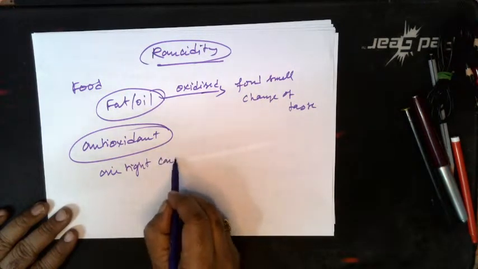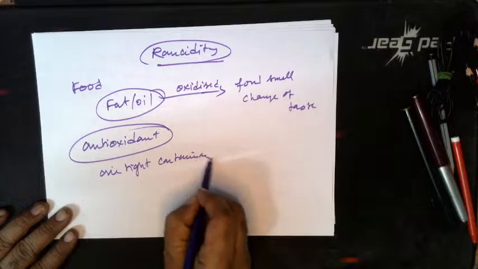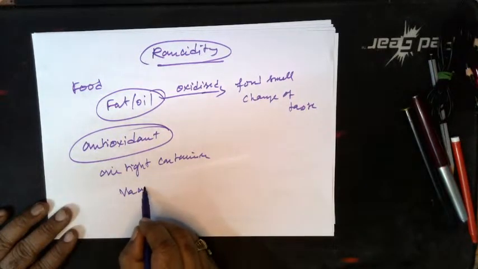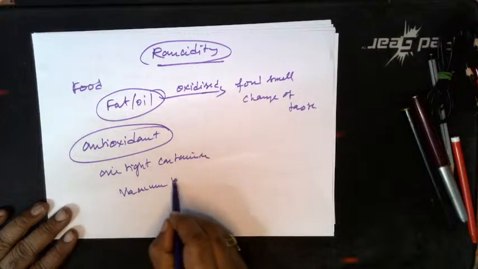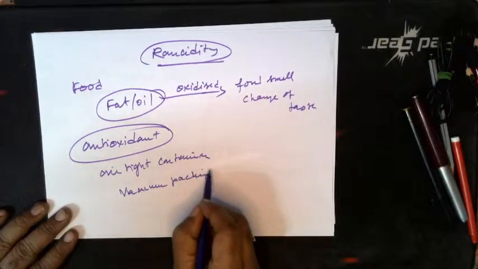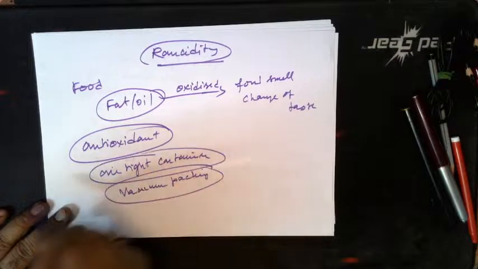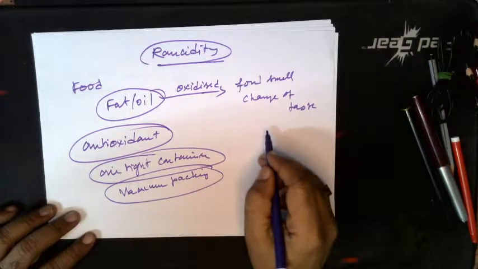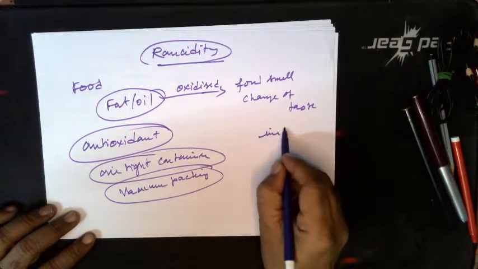Airtight container. Sometimes we can have vacuum packing. So these are all the various methods we can use. Sometimes we allow inert gases also if they are not harmful.